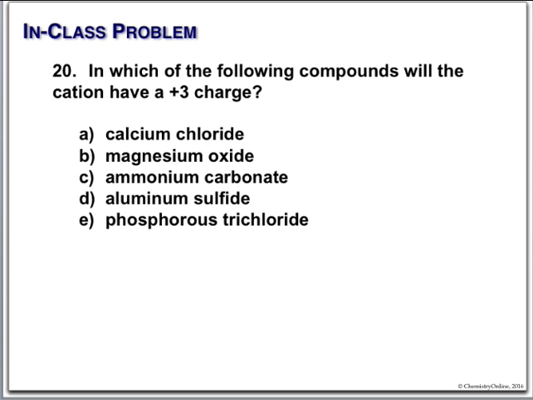So, look at this. Calcium, magnesium, they're both in group 2. They're plus 2. Ammonium, we saw that earlier, that's a plus 1. Phosphorus trichloride, phosphorus and chlorine, they're both nonmetals. They don't even belong in this question. Only one that works is aluminum.